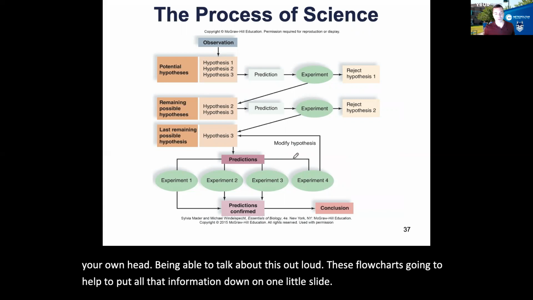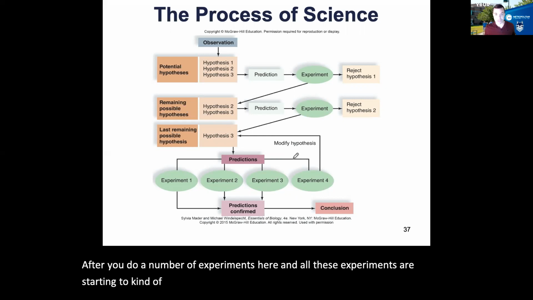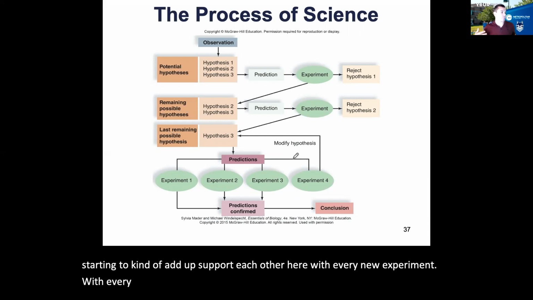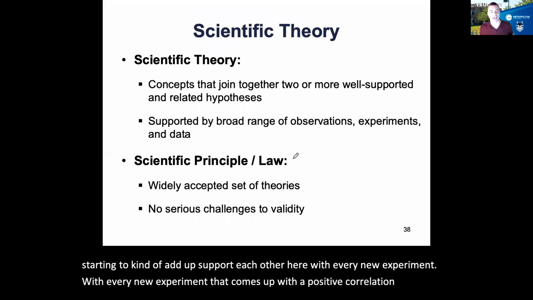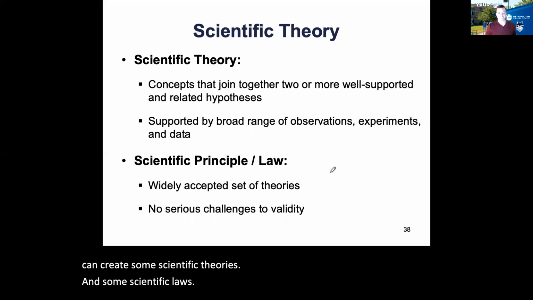After you do a number of experiments here, all these experiments start to add up, supporting each other with every new experiment. With every new experiment that comes up with a positive correlation, you can create some scientific theories and some scientific laws. Okay?